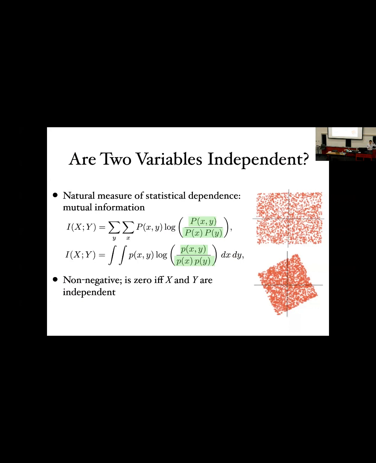In this case, still they follow a uniform distribution right here within the square. Do you think they are independent? Okay, good, because the conditional distribution of say Y given X clearly is sensitive to the value of X.